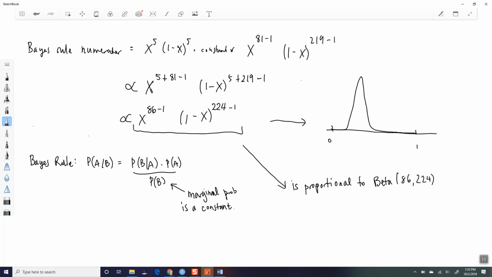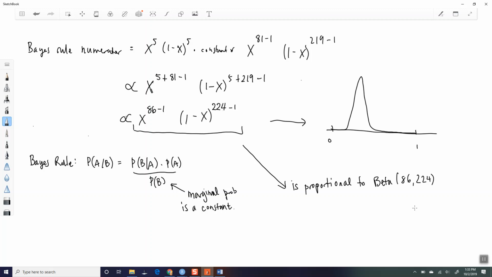The logic here is that we know the result of Bayes' rule has to be a probability distribution that integrates to 1, and we know that this thing is proportional to the beta distribution with shape parameters 86 and 224. That's going to be the only probability distribution that's proportional to this.